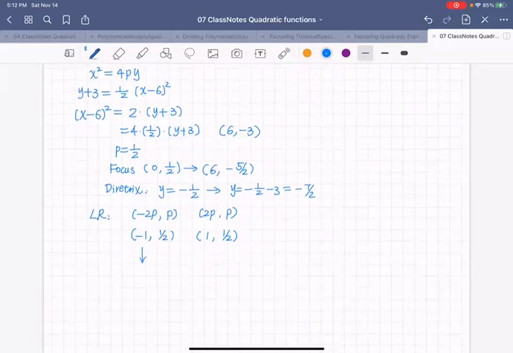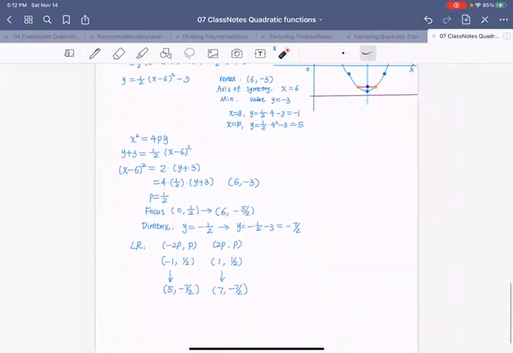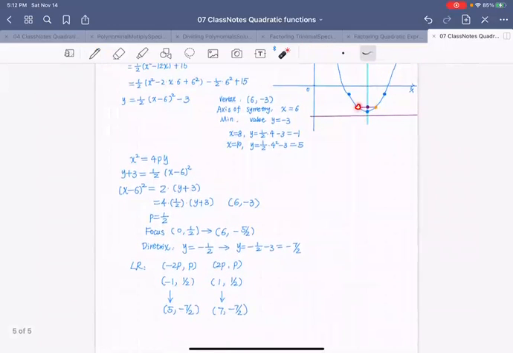Negative 1 plus 6 gives you 5, and 1/2 minus 3 is negative 7/2. And 1 plus 6 gives you 7, the other is negative 7/2. You can tell this point is really 5 and negative 7/2, and this point is really 7 and negative 7/2.